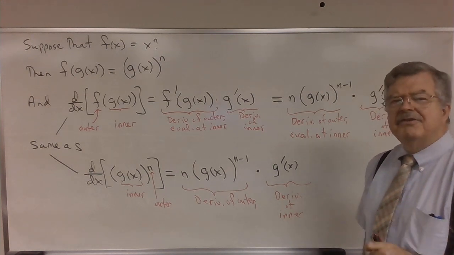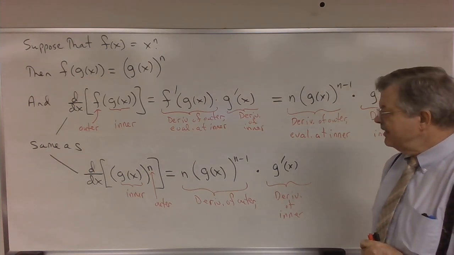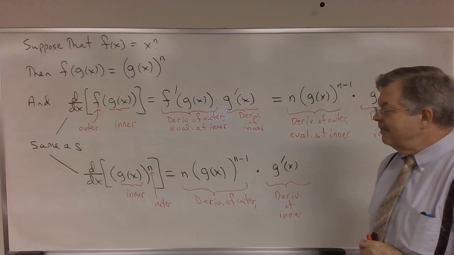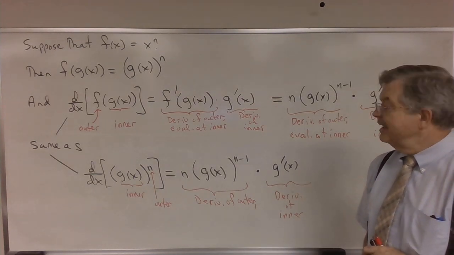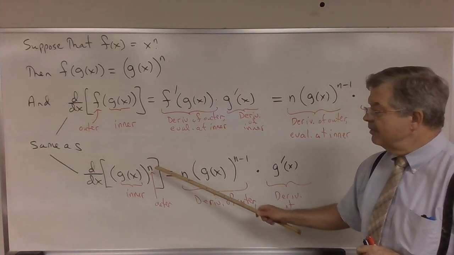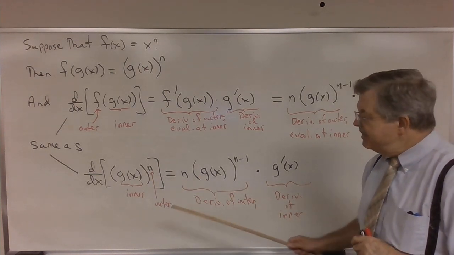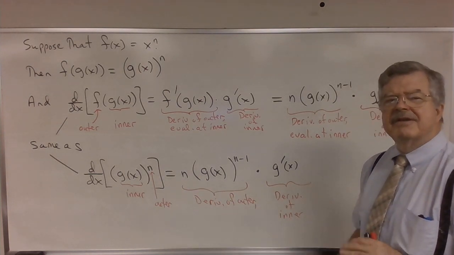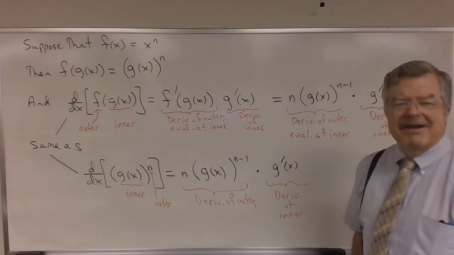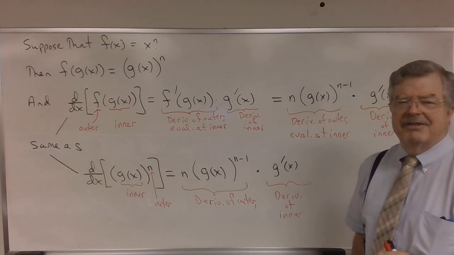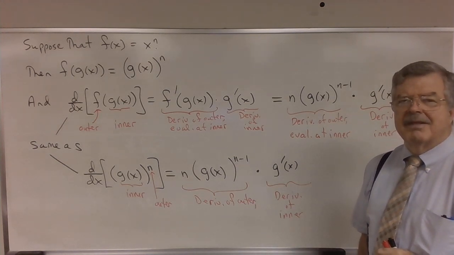The other reason that this is important is that even though this is the chain rule where the outer function is raising of something to a power, the appearance of this derivative is different from the appearance of every other function to which we apply the chain rule.